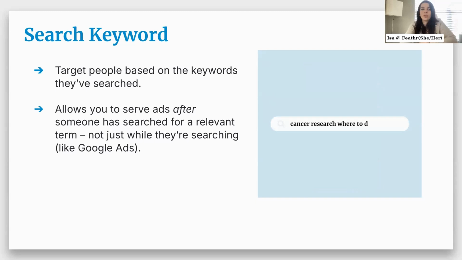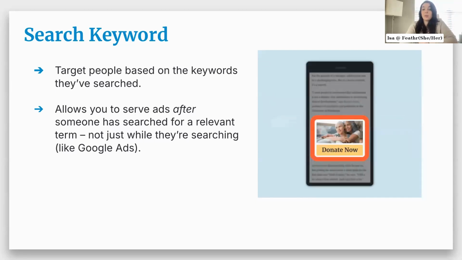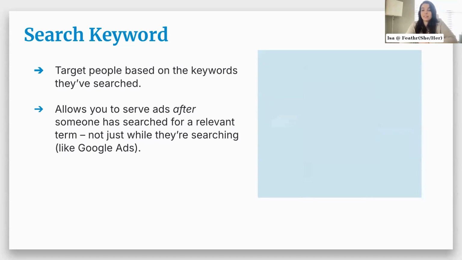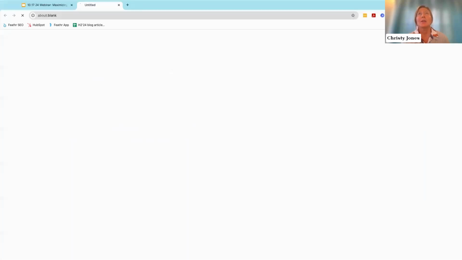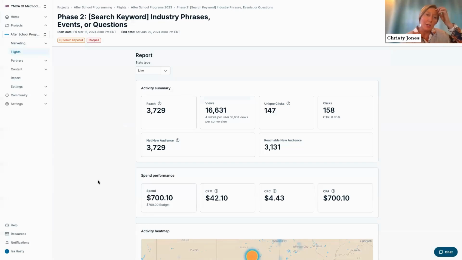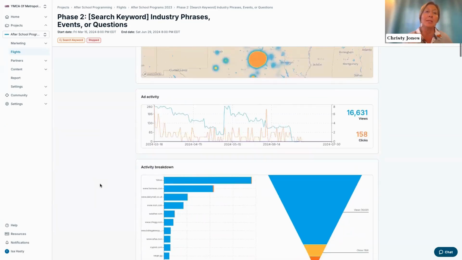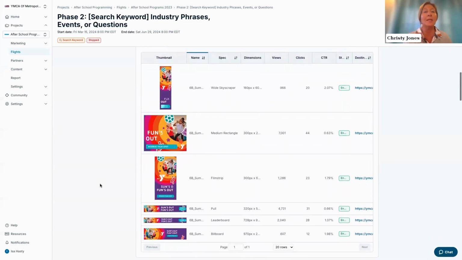It's a good way to continue showing them ads long after they've actually been on that search results page. So can you talk a little bit about how you identify keywords that you want to target for these campaigns? Sure. When we are looking for keywords, some of the areas that we look to are not only our SEO, our search engine optimization keywords, but also popular terms that we've seen families or donors use when they talk about our programs.